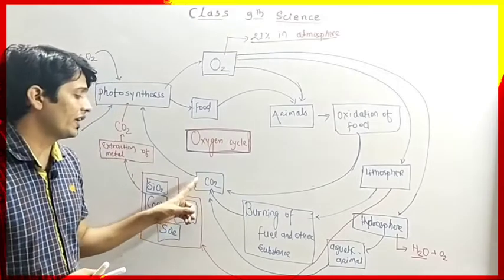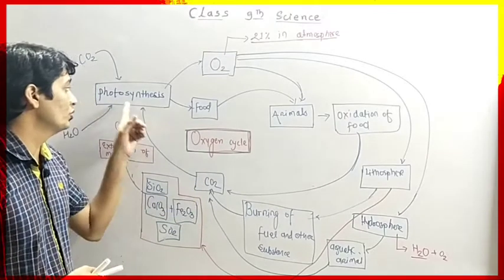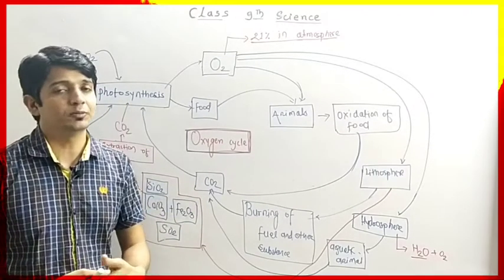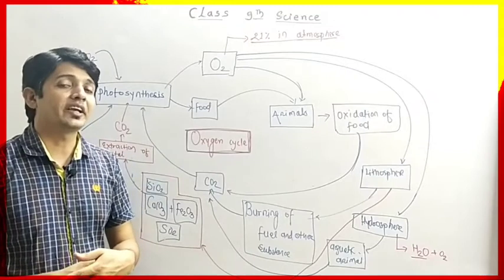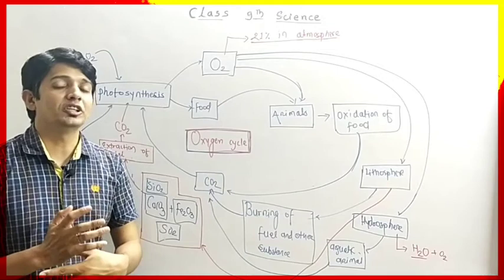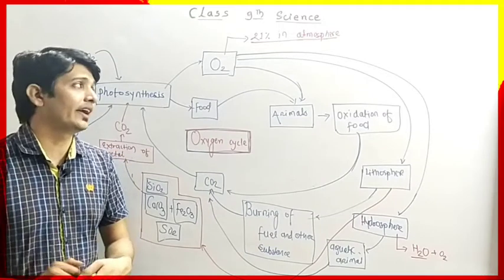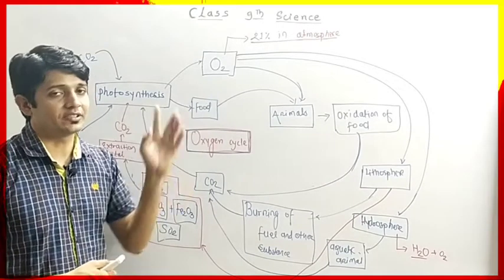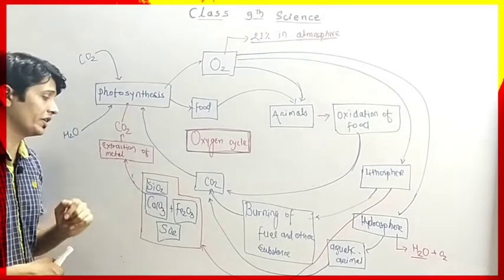That atmospheric carbon dioxide is used again in the photosynthesis process by the plant, so that they can use this carbon dioxide to form food, and again they release oxygen gas into the atmosphere.